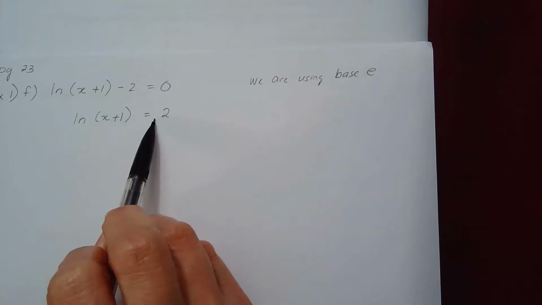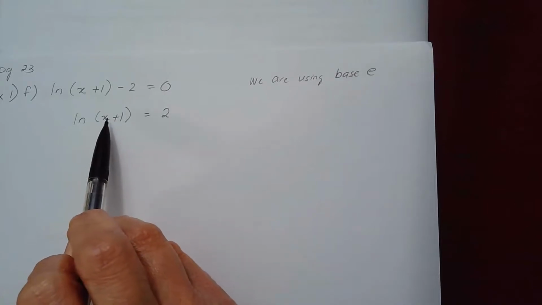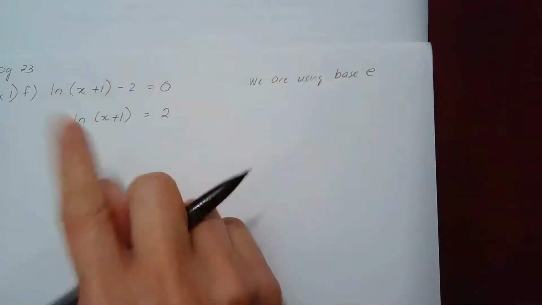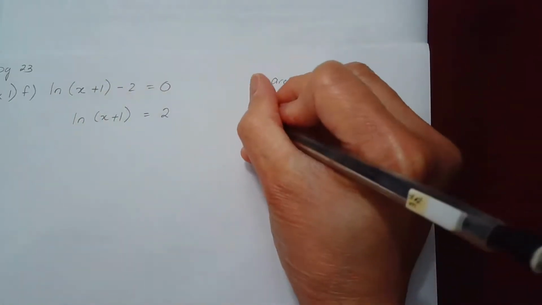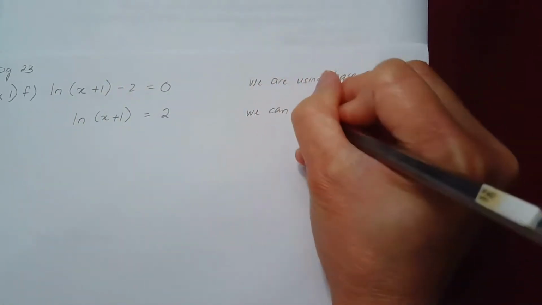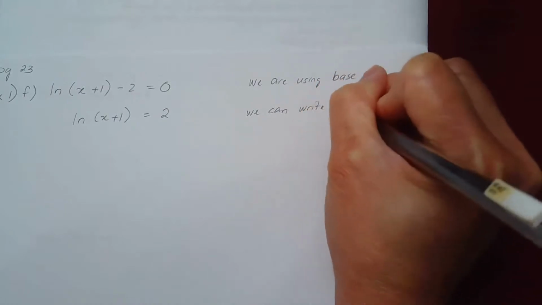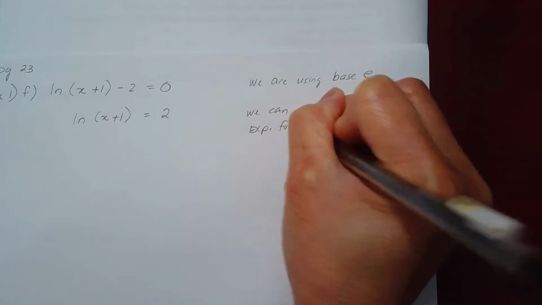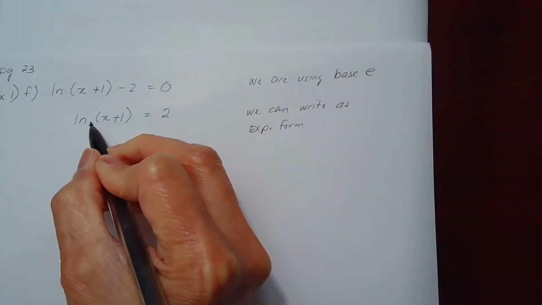So what does that mean? It means we can rewrite that as exponential form. So this is base e.